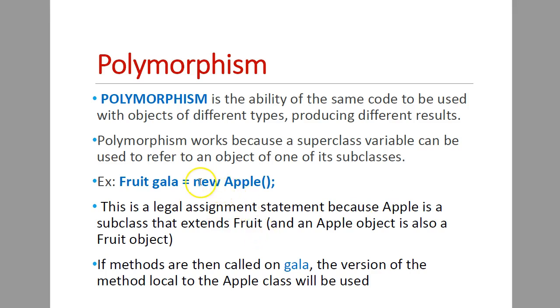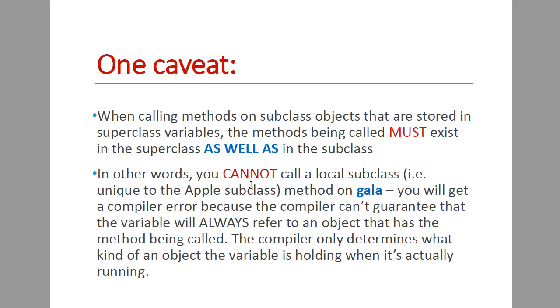Here we create an Apple object, the subclass, and we can assign it into the superclass variable Fruit. When methods are called on Gala, the superclass variable, the version of the method local to the Apple class, the subclass, will be used. Now you probably didn't understand any of that. When we get to the actual code, it'll make more sense. Let's take a look at the next slide.